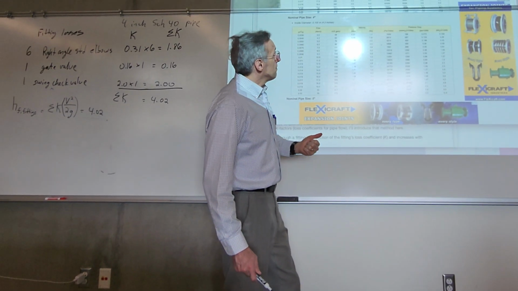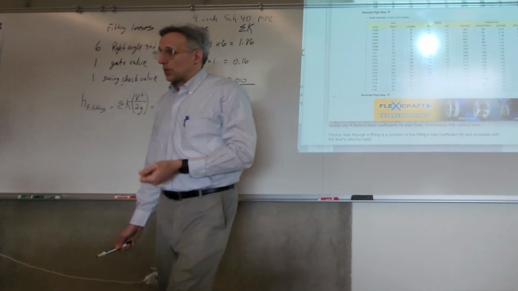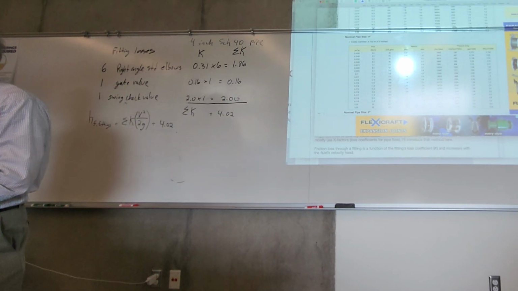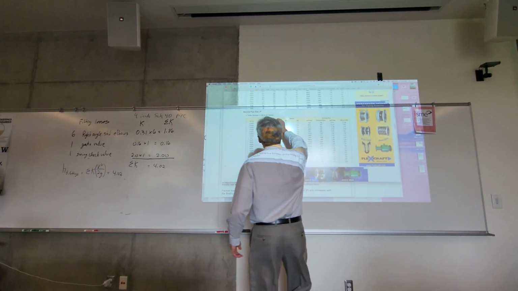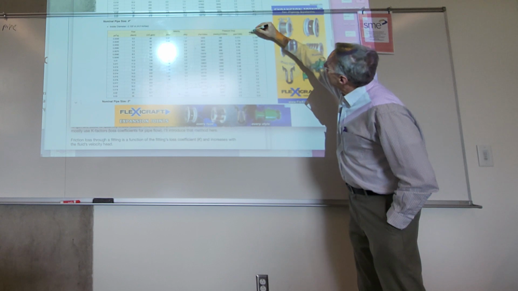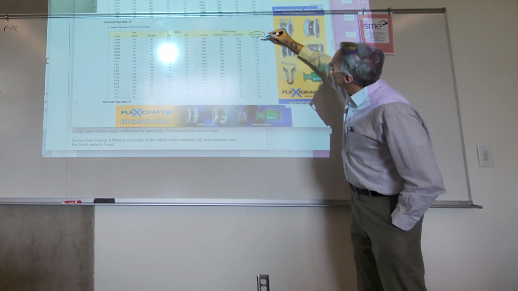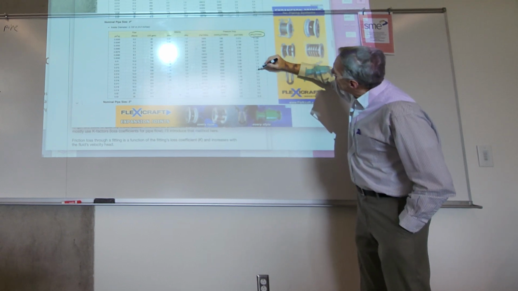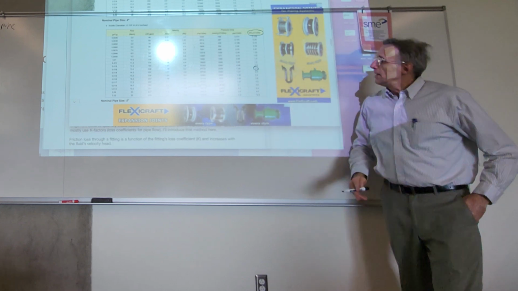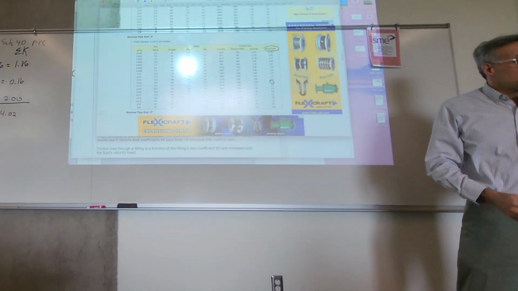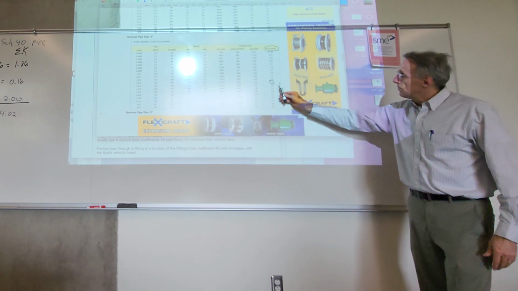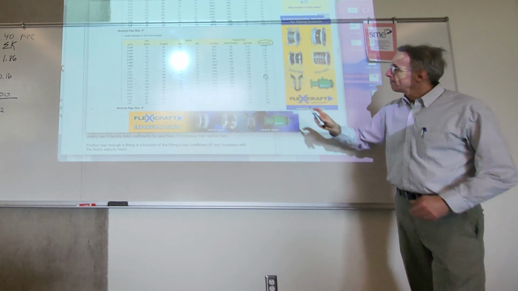We said that the design pressure loss was 2.5 feet of water per 100 feet of pipe. So I come down my 4-inch pipe to the pressure drop column, feet of water per 100 feet of pipe, and go down to my design target of 2.5. This is really nice because it tells me how much water I can push through this pipe to maintain that pressure loss.